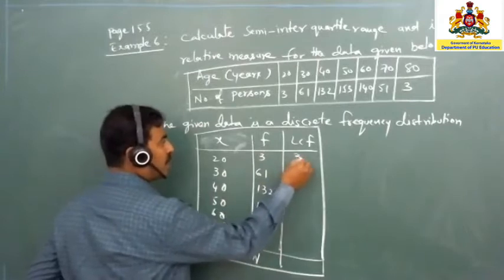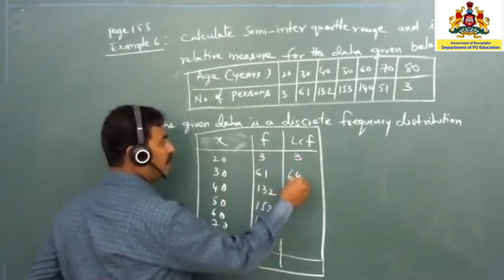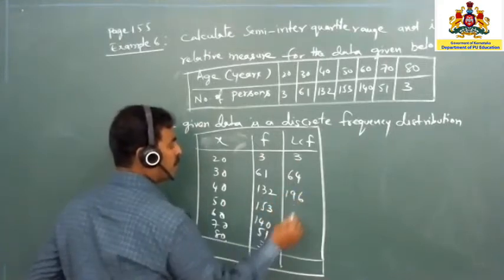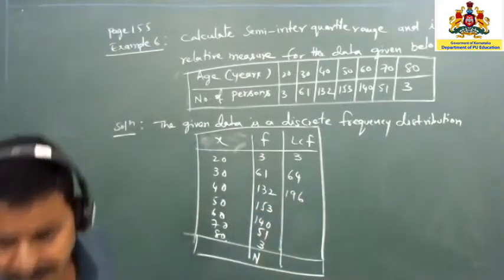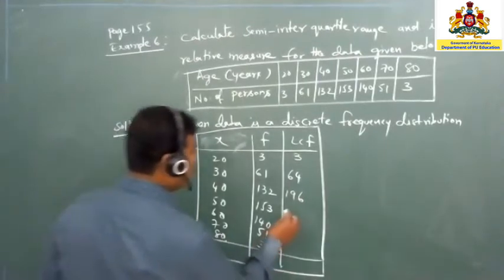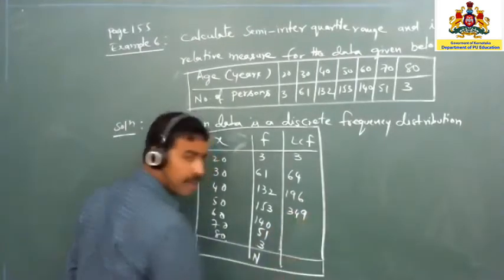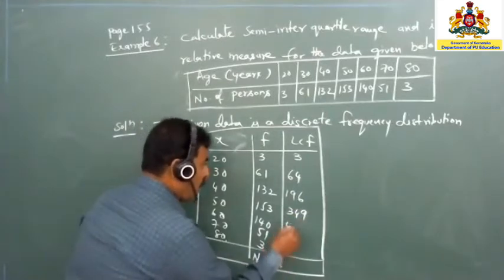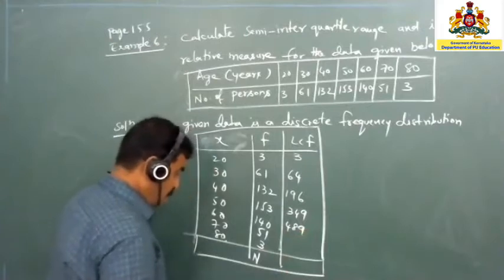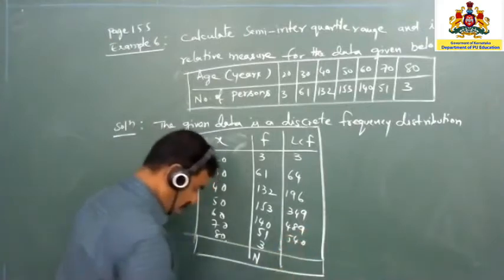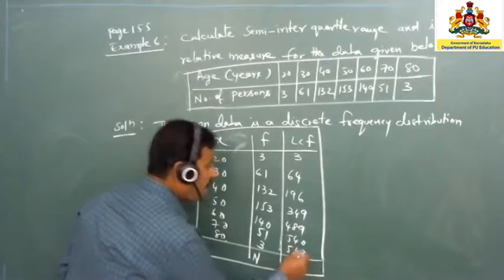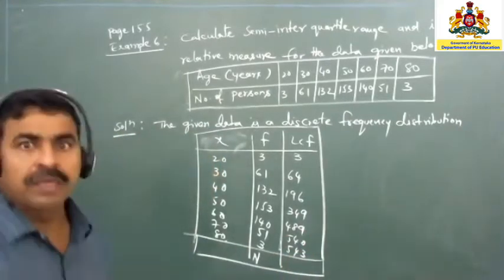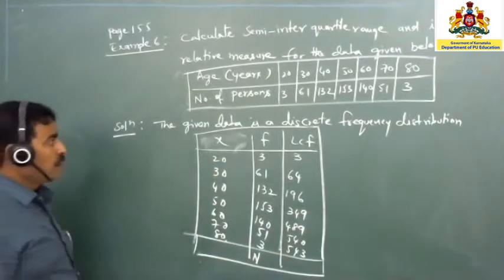First frequency as it is, 3 plus 61 is 64, then 196, plus 153 is 349, then 489, 540, 543. So in partition values you have learnt how to find quartiles.